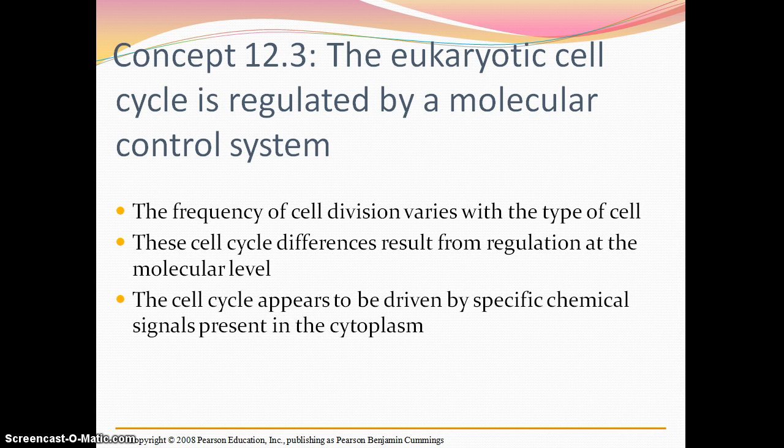So these differences have to result from regulation at a molecular level. And it appears to be driven by specific chemical signals that are present in the cytoplasm of the cell. So there are things within the cell itself that are going to regulate how often cell division occurs. And there also are some external factors we'll look at the end.